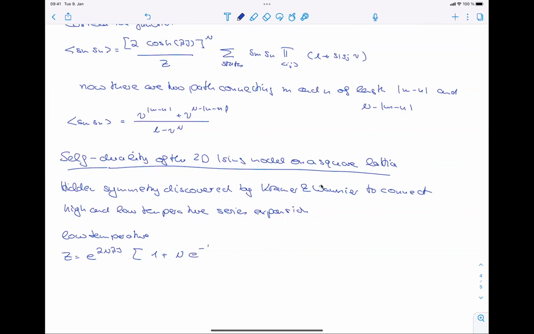And that contributes e^(-4·2βJ). 2βJ is breaking a single bond, and 4 is the number of bonds that I'm breaking. And if I keep going, then I have contributions where I break 6 bonds and so on.